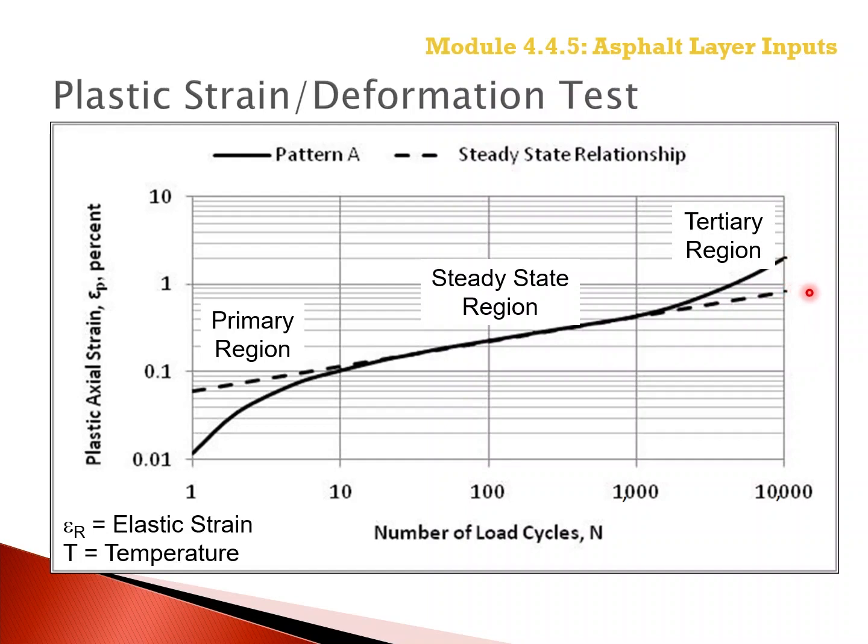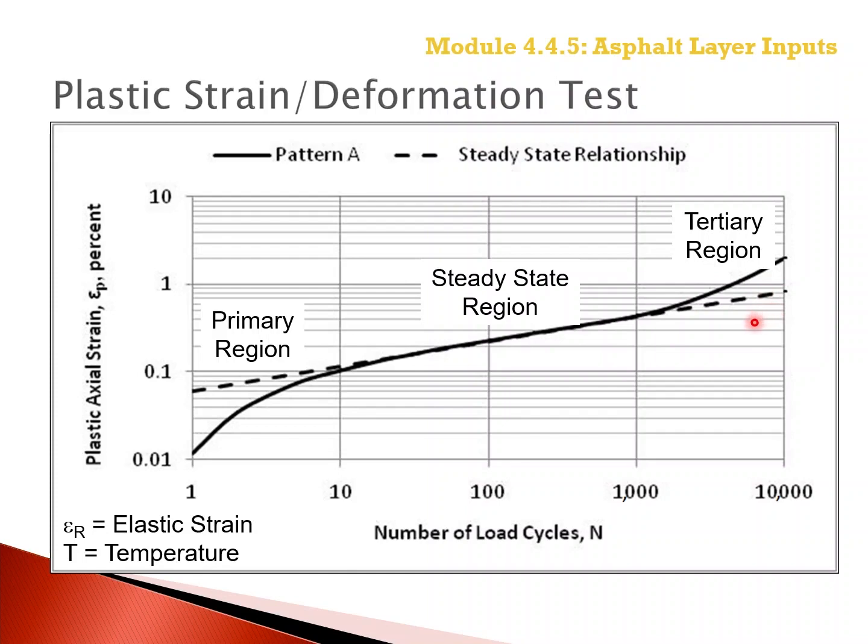There are two other typical patterns not shown on this slide. One pattern does not include the tertiary region, and that pattern is described in NCHRP Report number 719.